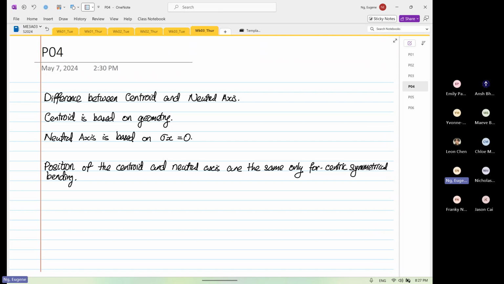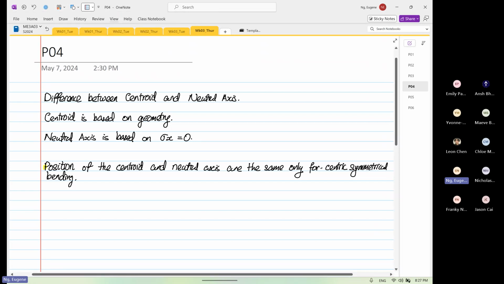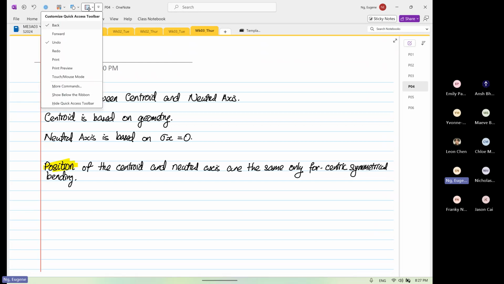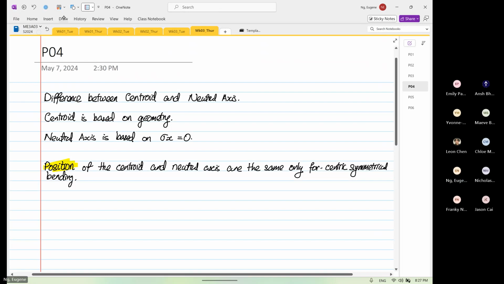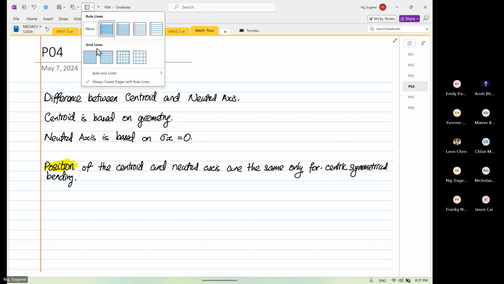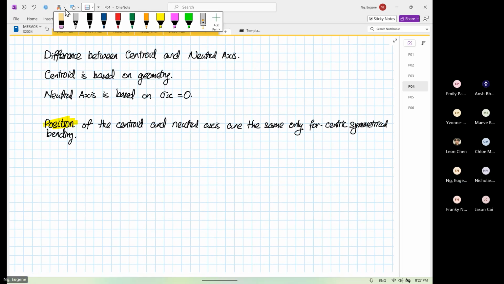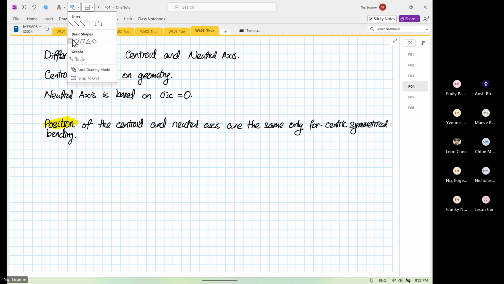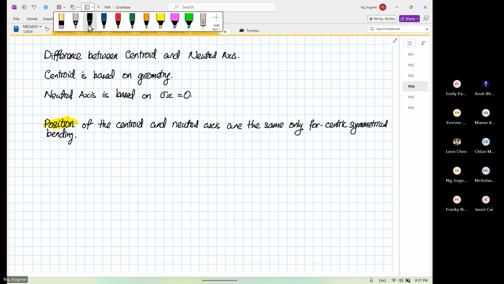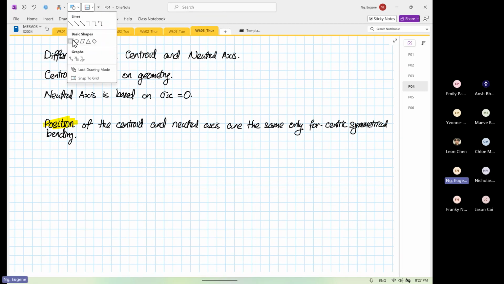So what do I mean by that? Okay, so we are talking about the position. I'm going to highlight the position. Okay, so now let's say we have a structure now, and we are going to view this in the cross-section view.